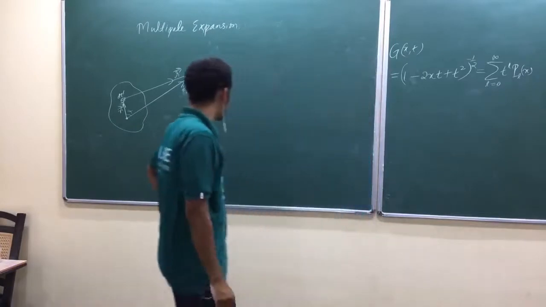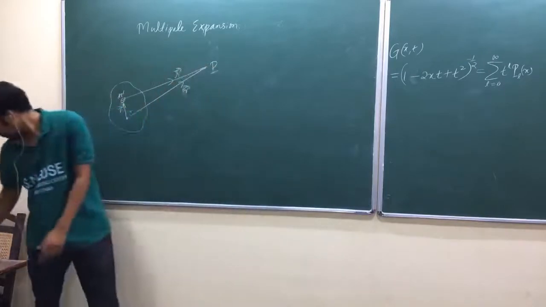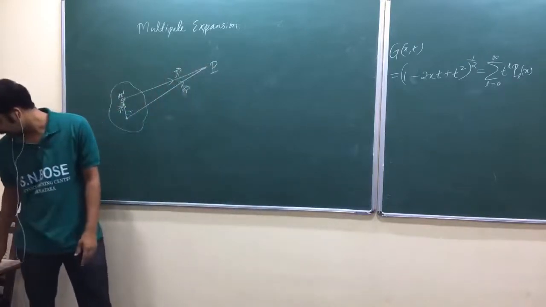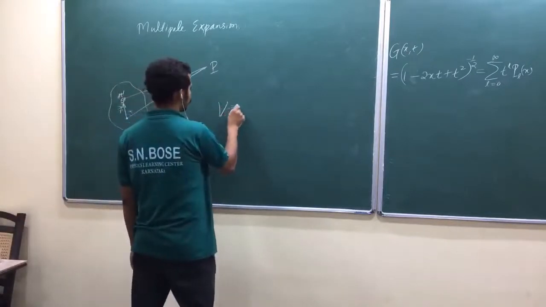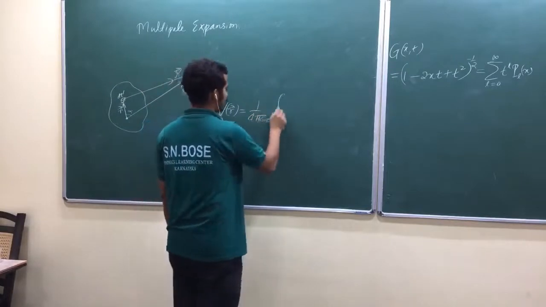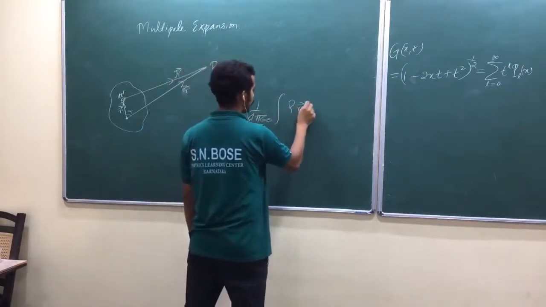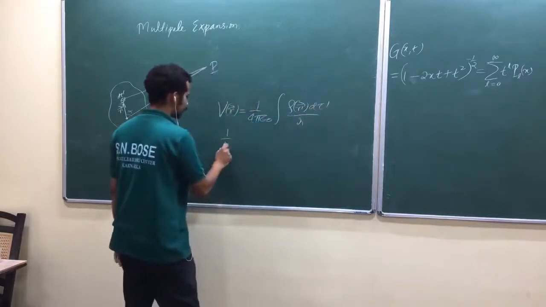So now look at this expression, whatever I have written here. Do you remember the expression that we have written, italic R, or let me write V of R, 1 by 4 pi epsilon naught integral rho of R prime d tau prime divided by italic R. What was 1 by italic R?